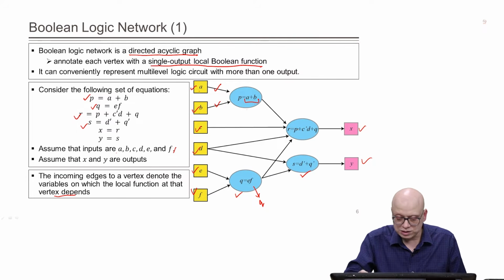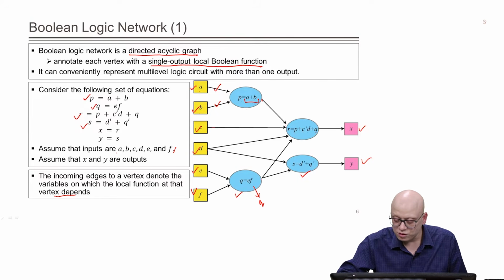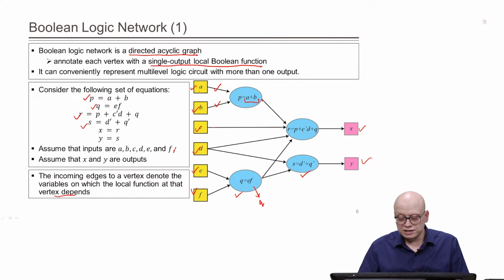Similarly, if we look into this node R, it depends on P, so we create an edge from P to R, and then we have C dash, so we create an edge from C to R, and also from D to R, and also it depends on Q. So, we create an edge from Q to R. Similarly, we do for Q and S and so on.